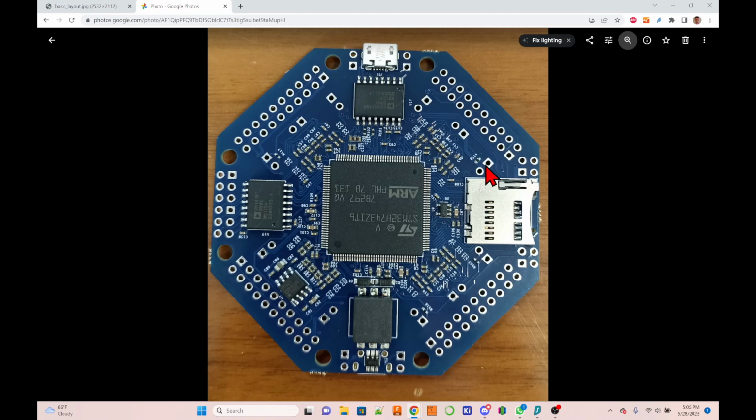And in each of those positions, you want to solder a pin header that on one side has female and on the other side has the long pins, the male pins. And then you solder them in the same orientation on every board. And then they piggyback on top of each other.